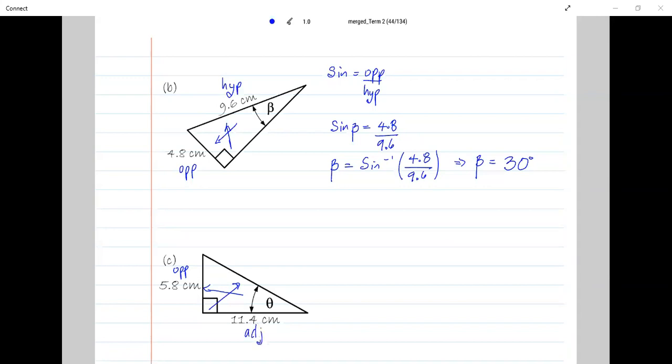Then I will ask myself which ratio would include opposite and adjacent, and the answer there is tan. Then the tangent of the angle, which I don't know, theta, is opposite 5.8 over the adjacent, which is 11.4.